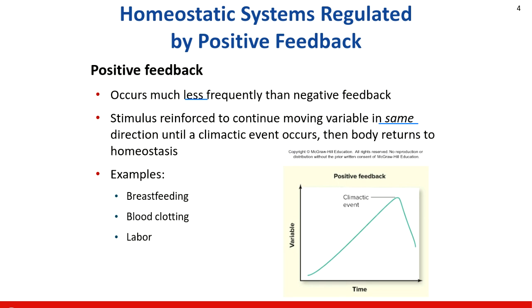You'll learn about that later on in this semester, okay? But that's your control center. And the hypothalamus, which is called the master gland, will then stimulate what's called the pituitary gland to release oxytocin.